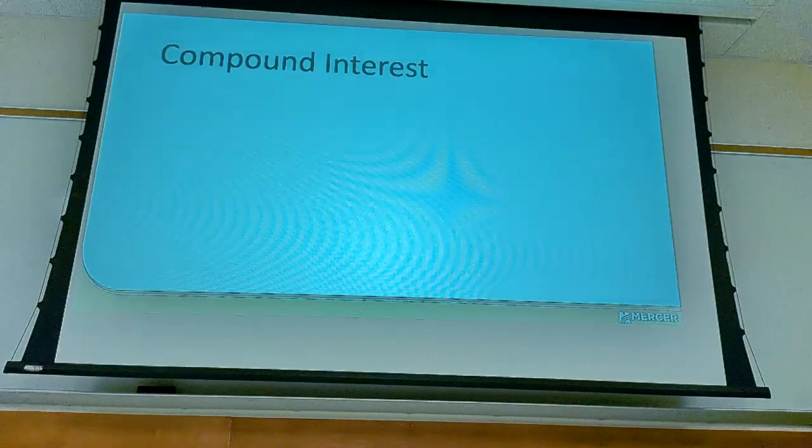Compound interest is just an application of simple interest. So the simple interest formula is interest rate times principal balance. That's simple interest.